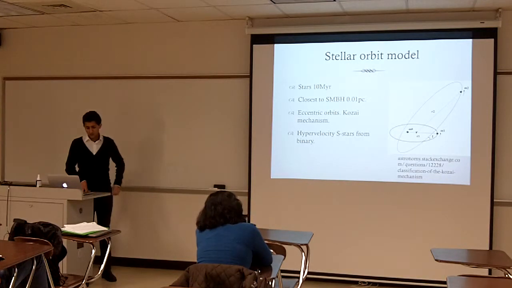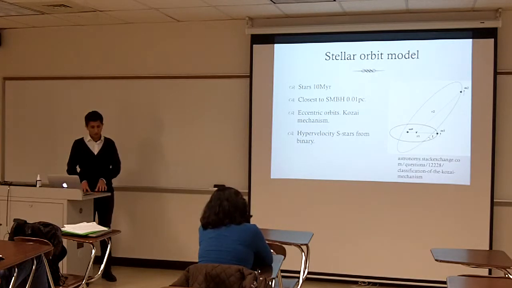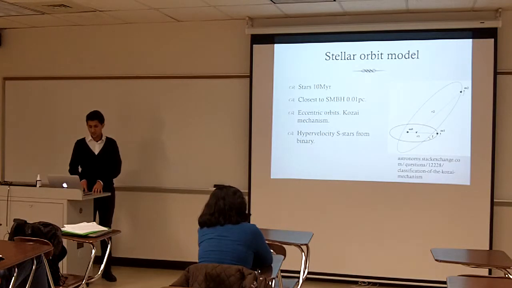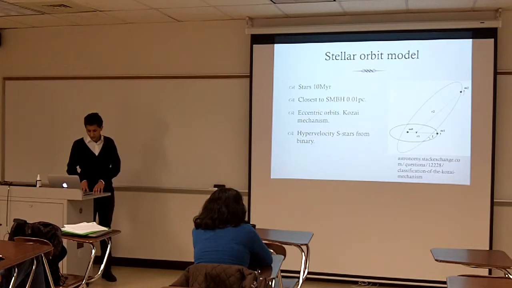And when they use the Kozai mechanism for the binary stars and the eccentric orbit, they found out that the stars get disrupted and leave behind the S stars and the hypervelocity stars.